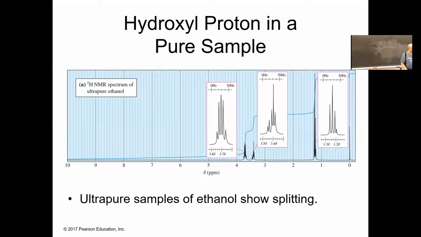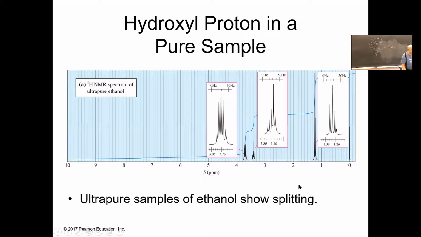So here is ultra pure ethanol. And in this case, we do see splitting. So there's no solvent to exchange with. This is very high purity.